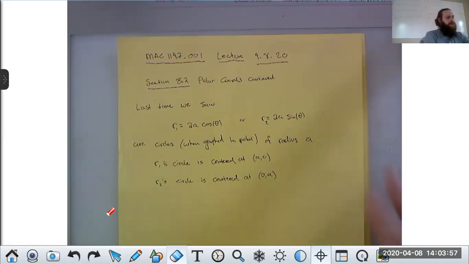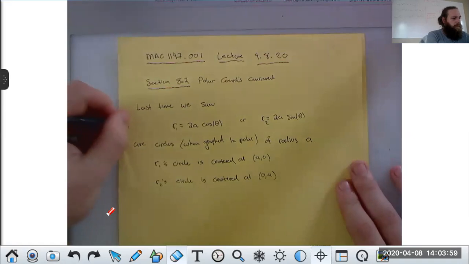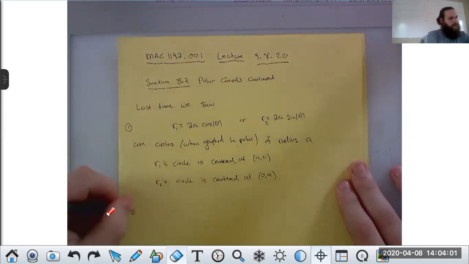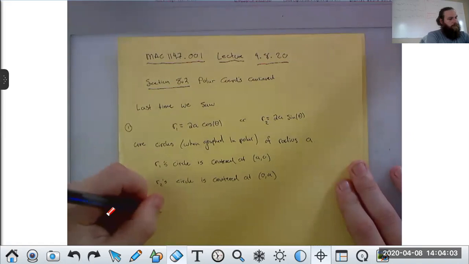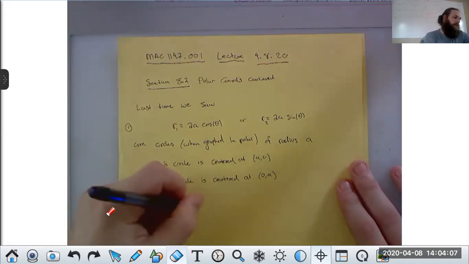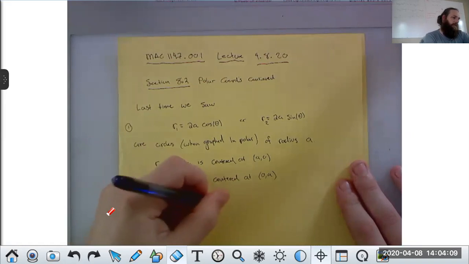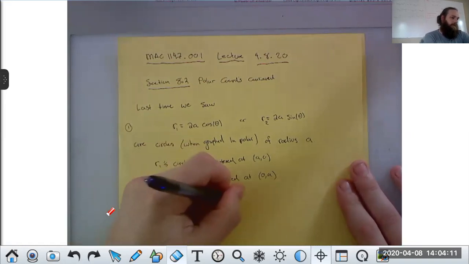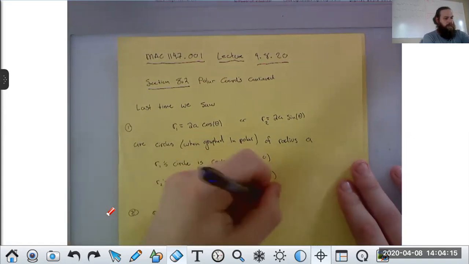We also saw that r equals a constant C is a circle of radius C centered at the origin.